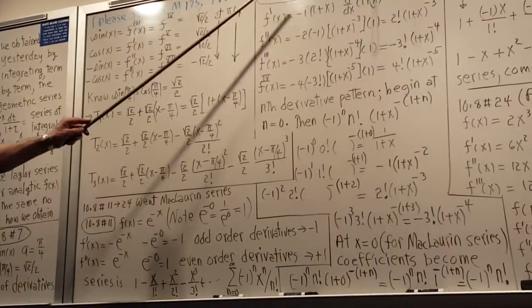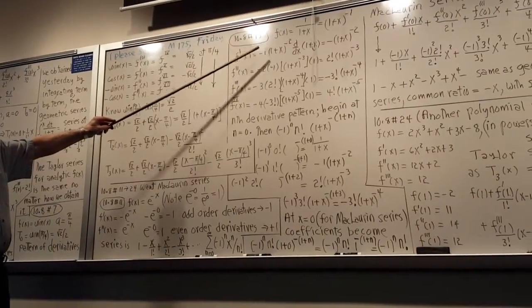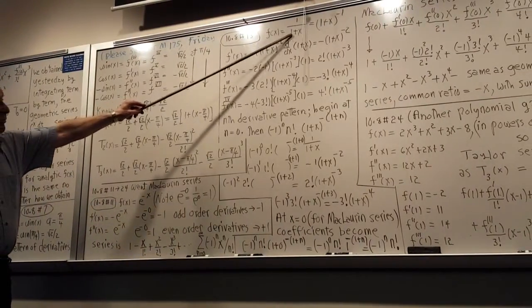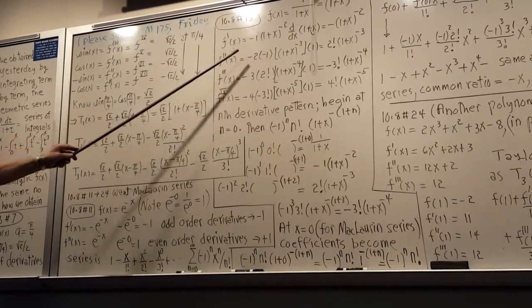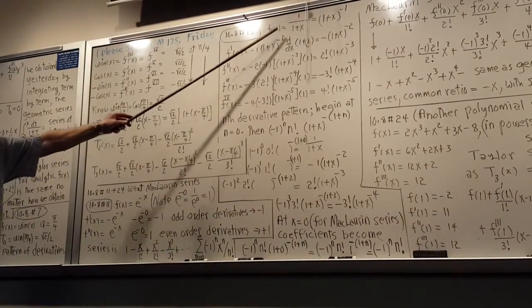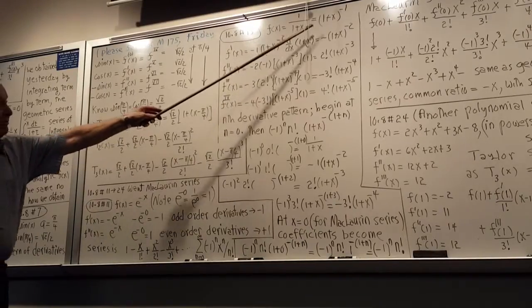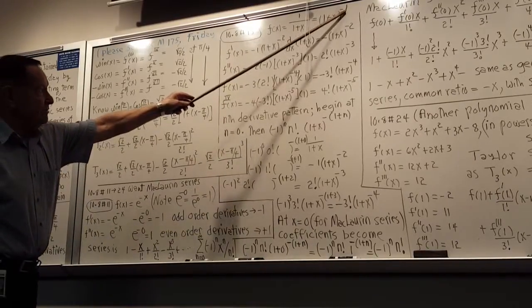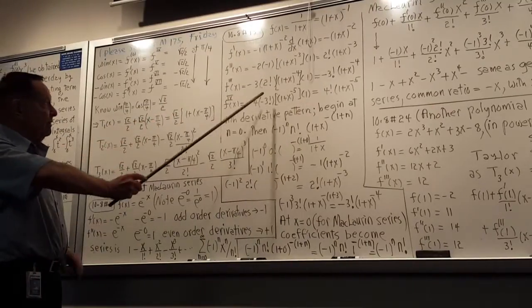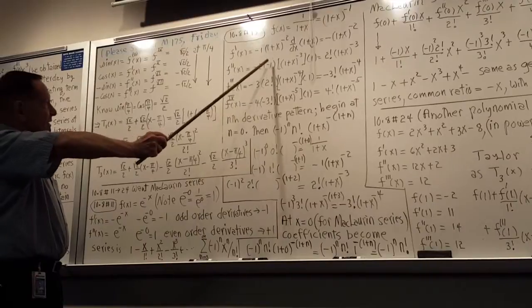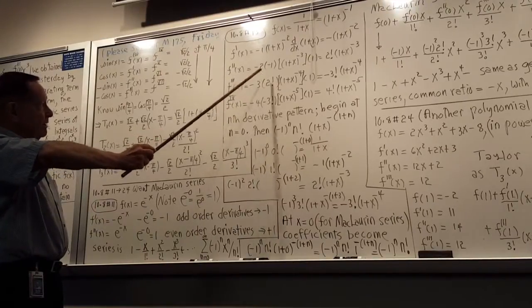If you look at 13, you have a little more work here. You have the 1 over 1 plus x, and so you're messing with these derivatives again. So again, rewrite this with a negative exponent, I would, and then you see f prime and f double prime and so on.